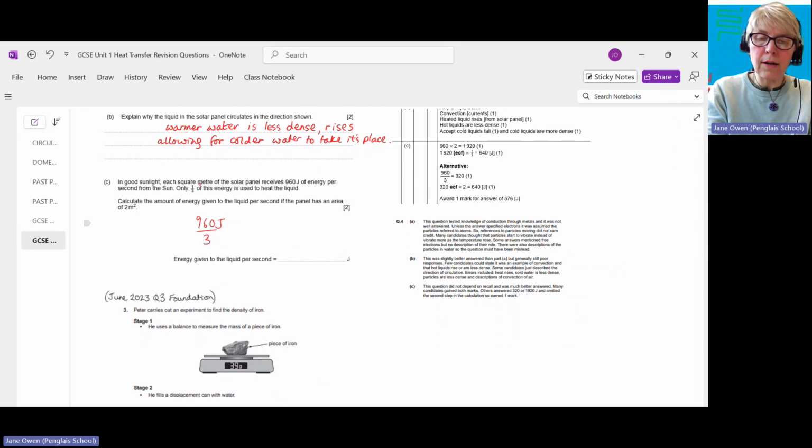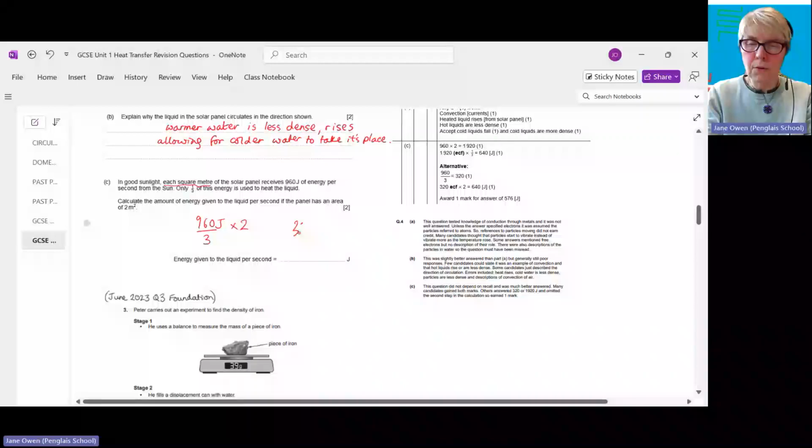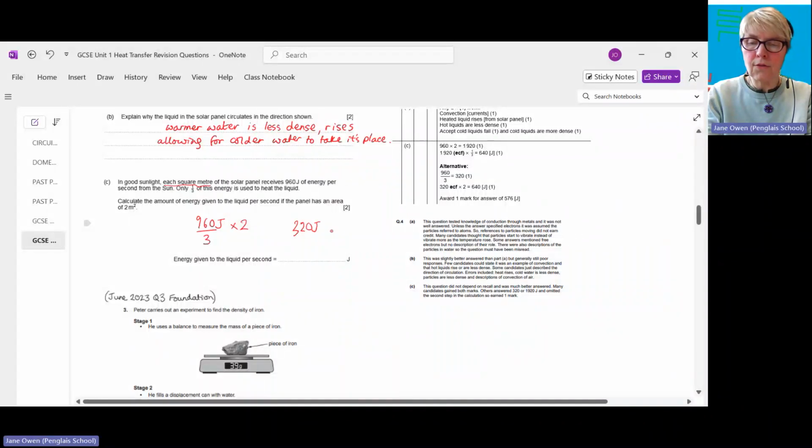This is for each square meter. So if we times that all by 2, then we can get it for the 2 square meters. So 960 divided by 3 is 320 joules. And then just times that by 2 is 640 joules.